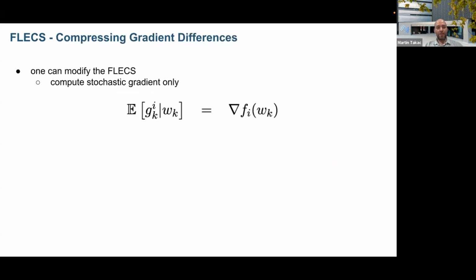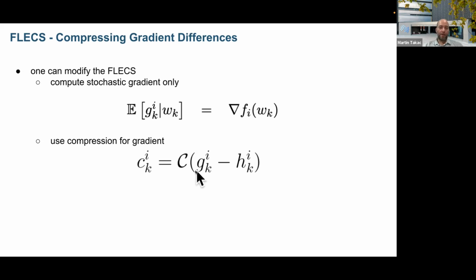Also, we have some modifications, which are the flex complex gradient differences. We can assume I don't compute the gradient of the function, but just an unbiased estimator of the gradient, and I can also quantize even the gradients. Basically, H will be the local estimate of the gradient, and I will do some kind of quantization of the difference.